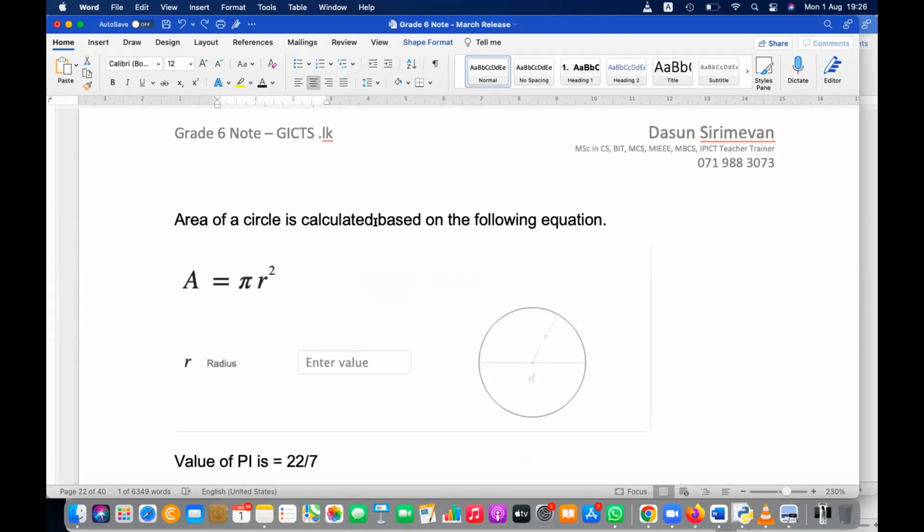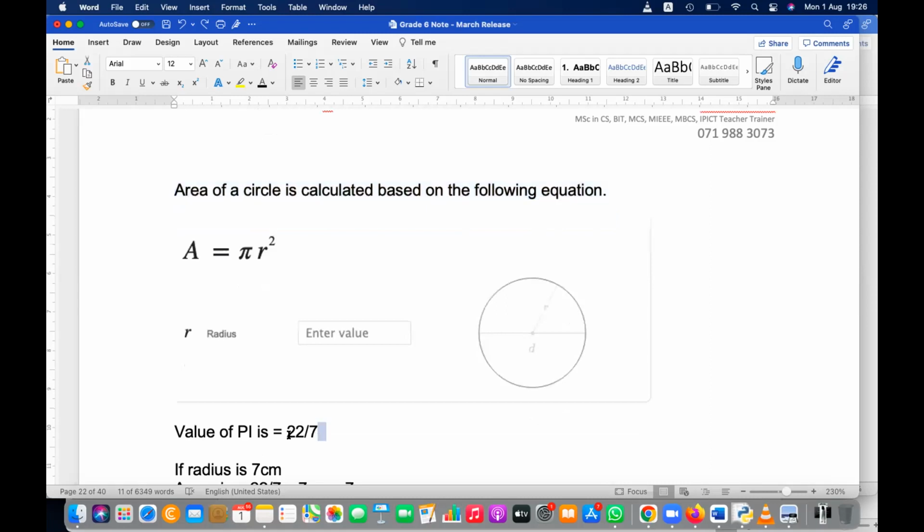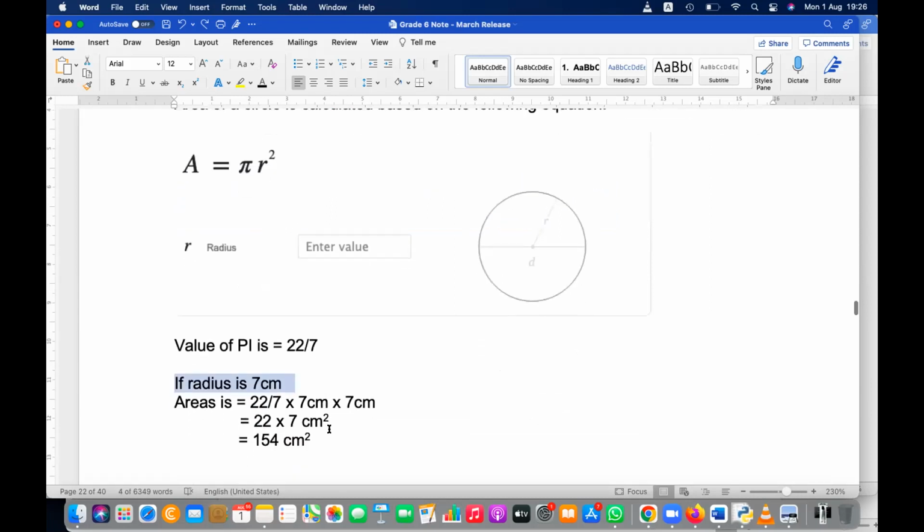Okay, a sample question. The area A of a circle is calculated based on the following equation: A equals pi r squared. Pi is a special value. The value of pi is 22 divided by 7, and radius r is equal to 7 centimeters. So how do we calculate?